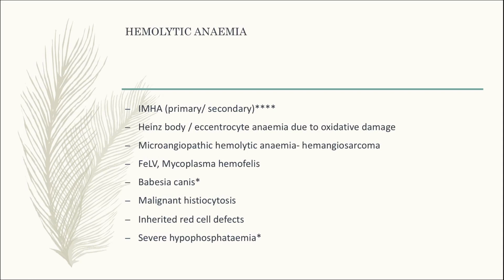And coming to hemolytic anemia, the most common hemolytic anemia you see is immune mediated hemolytic anemia, and again it can be further classified into primary and secondary immune mediated hemolytic anemia. Primary IMHA is due to production of autoantibodies that are going to destroy its own erythrocytes.